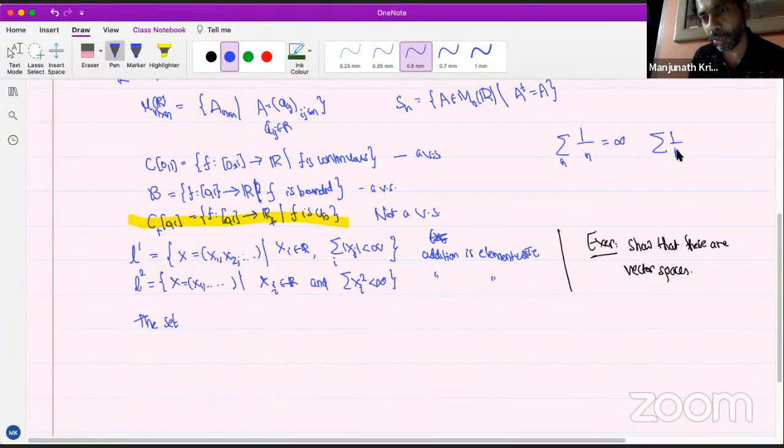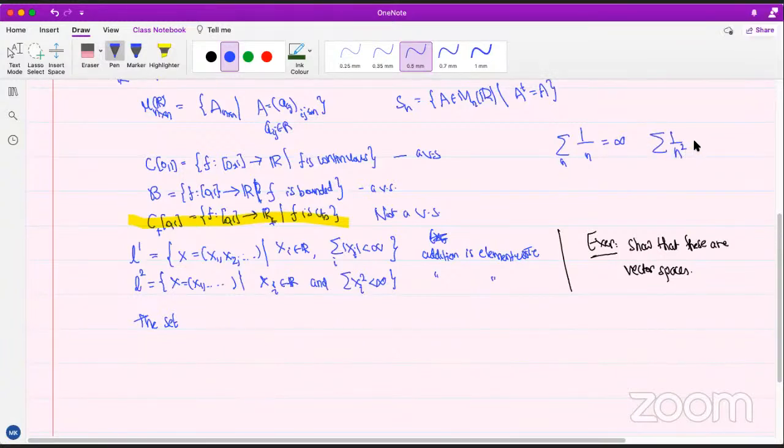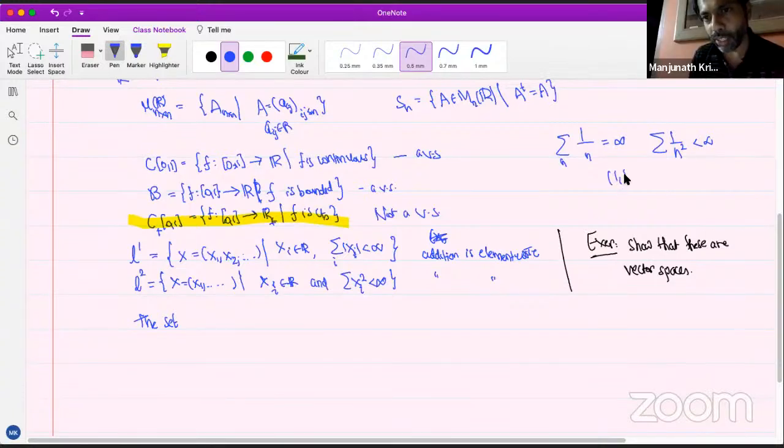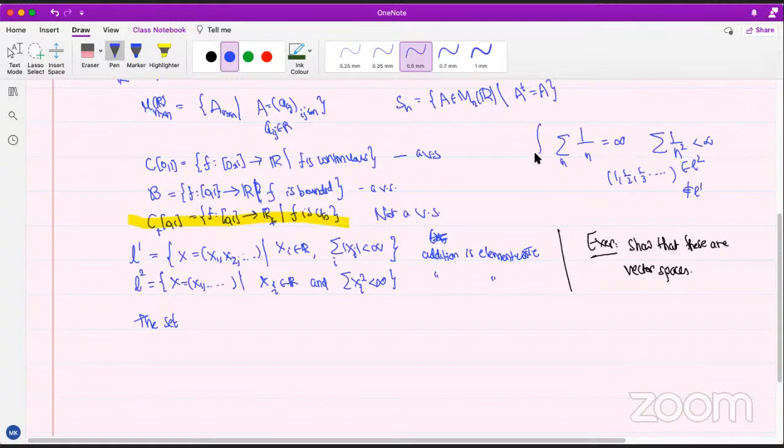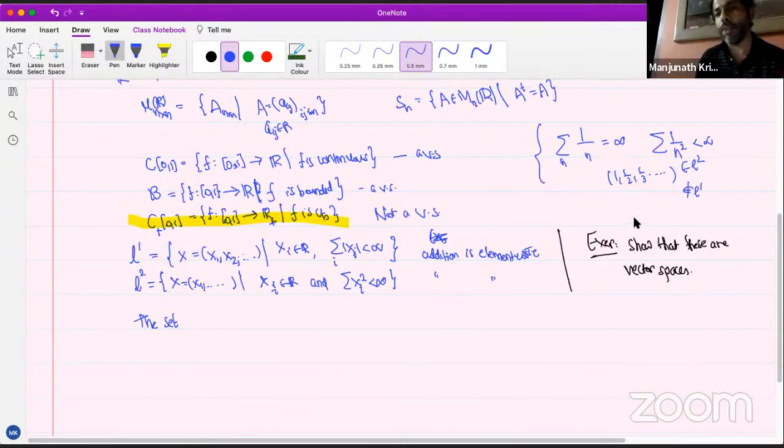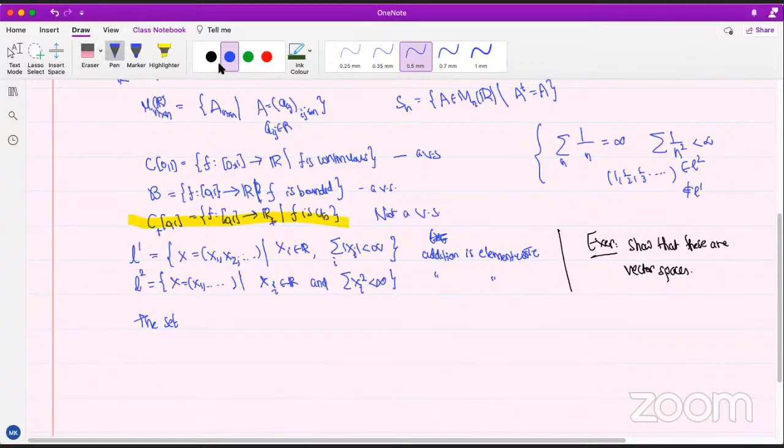If you do summation 1 by n squared, it converges. So the sequence 1 by n belongs to L2, but it does not belong to L1. So L2 is not a subset of L1, it's the other way. If something has this finite, then this also will be finite. You can think why.